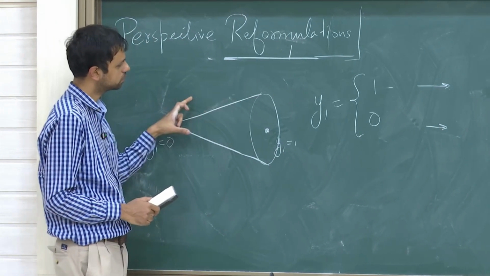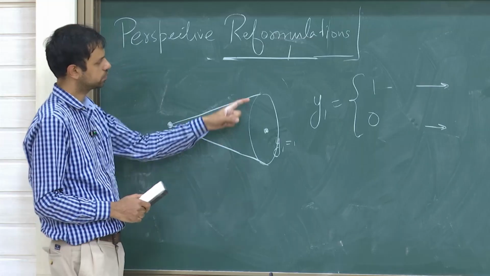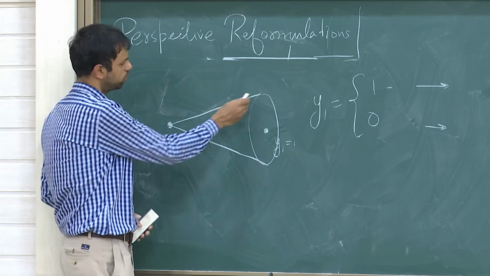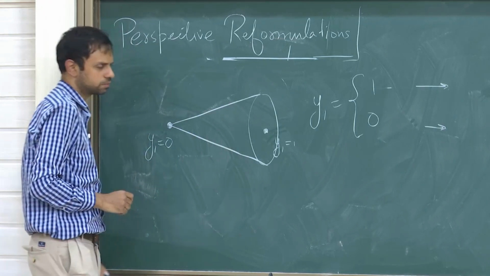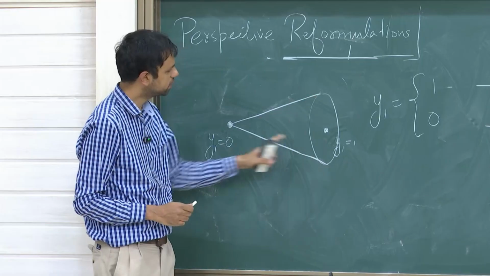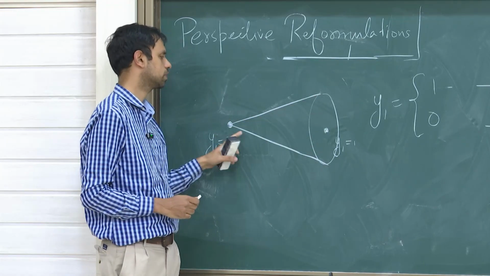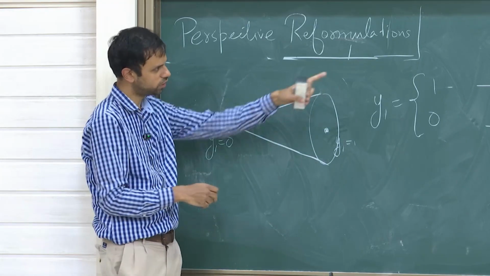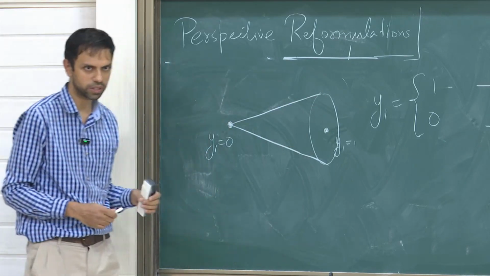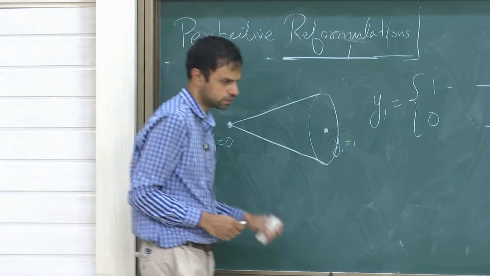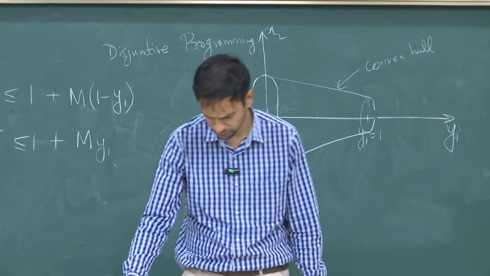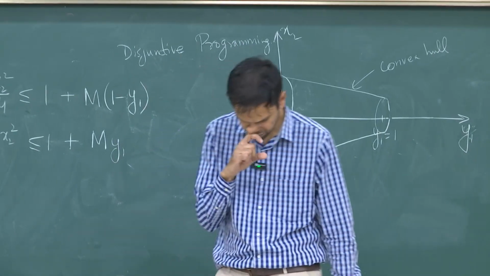It would be looser than this. And we would like to find the reformulation for this set, so that I get the convex hull.